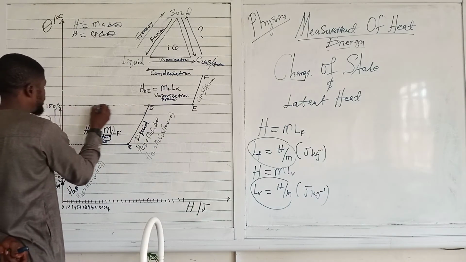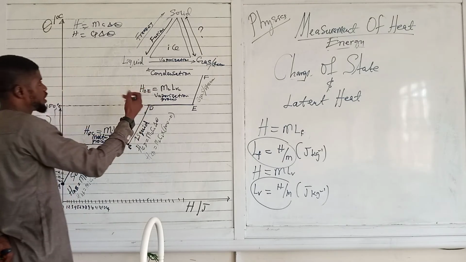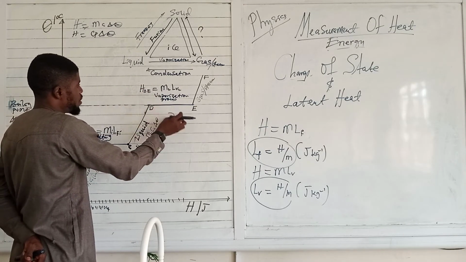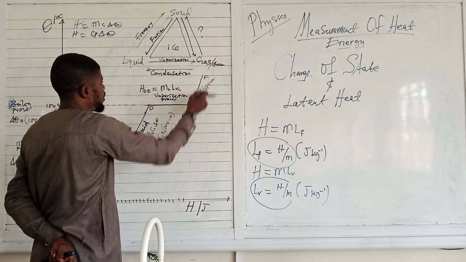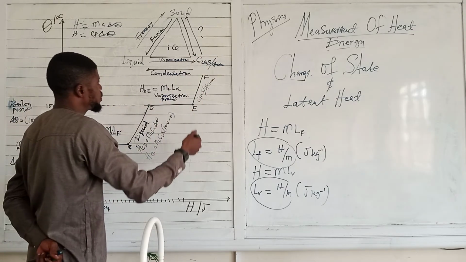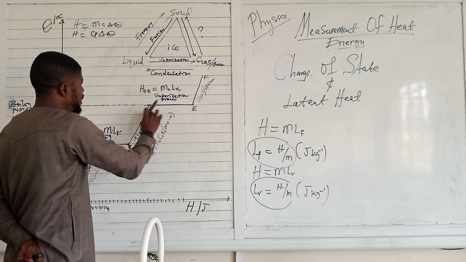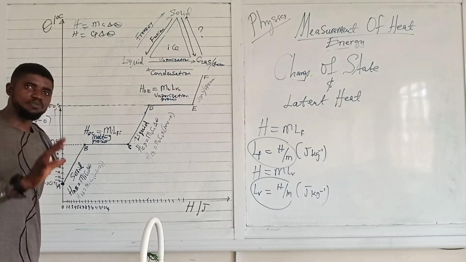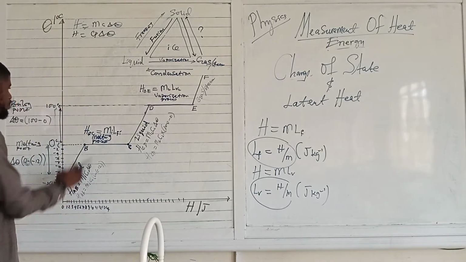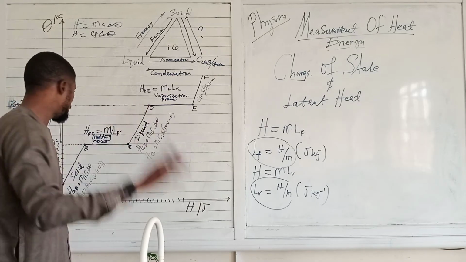Then up here again, you will have this as our boiling point. The heat responsible for changing this liquid from D to E into vapor, from E to F, is called the specific latent heat of vaporization. So at point DE, you have specific latent heat of vaporization. At point BC, you have specific latent heat of fusion.